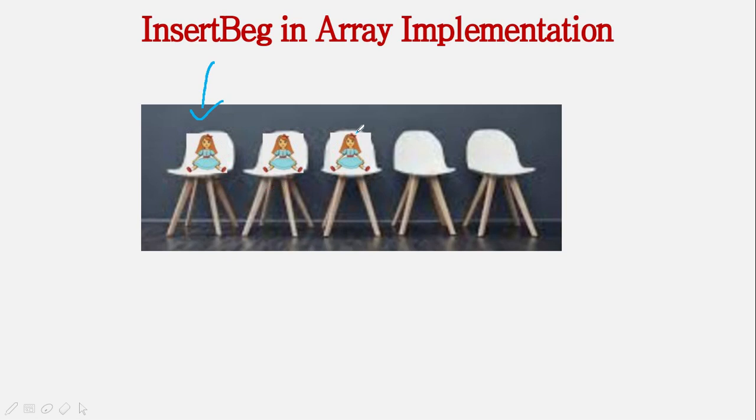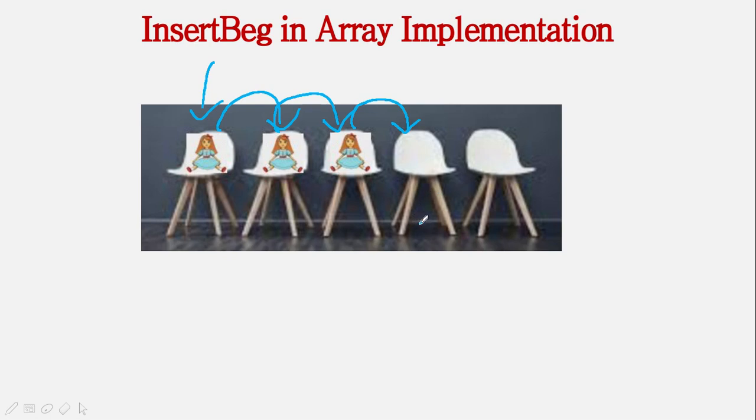Then we will ask the 3rd person to occupy the 4th seat, and then the 2nd person will occupy the 3rd seat, and the 1st person will occupy the 2nd seat, so that the 1st seat is free. Now the new person will be seated in the 1st seat, right?